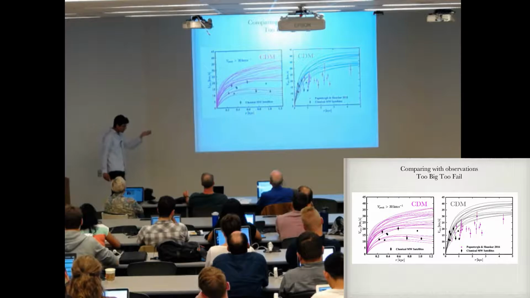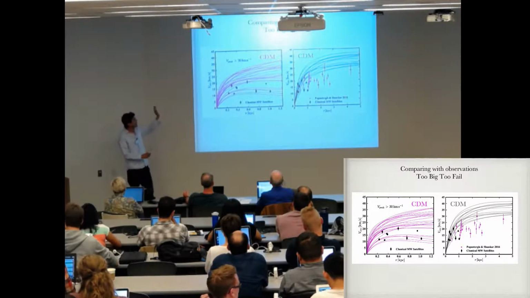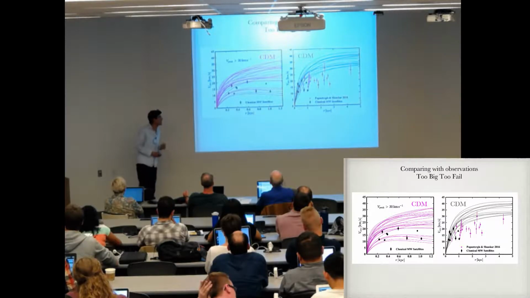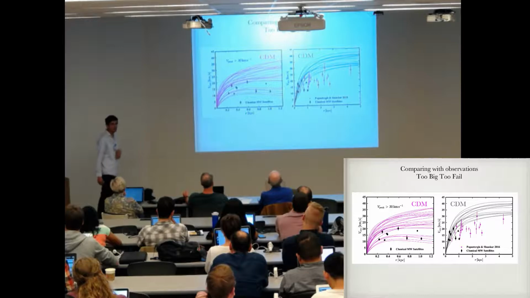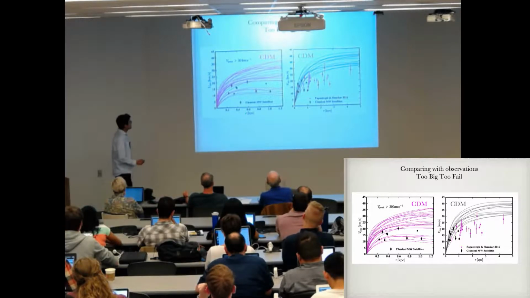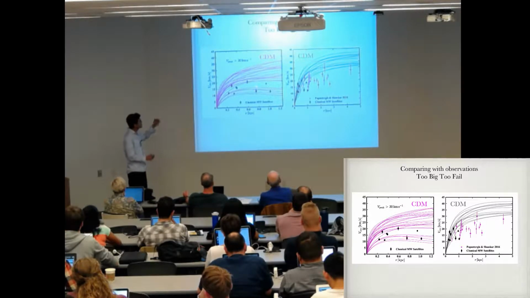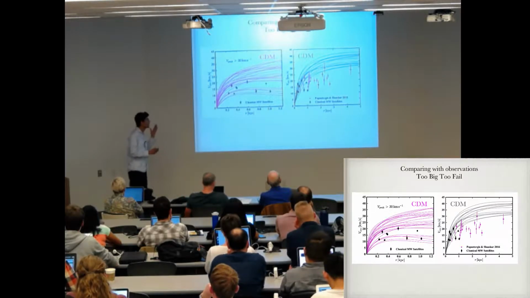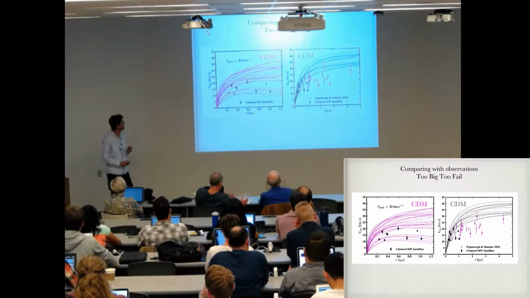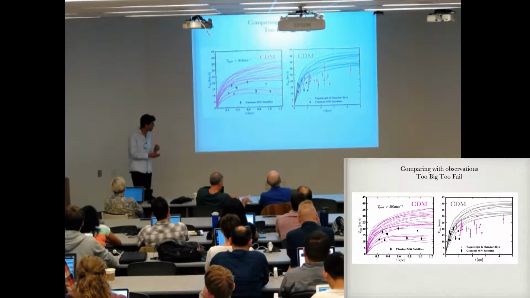So now we are at the stage where we can compare with the observations. Just to remind you, there's the too-big-to-fail problem that people have argued in cosmological cold dark matter simulations with dark matter only. It seems there are these massive halos that are above the classical Milky Way dwarfs, and apparently they don't have any observable counterparts.